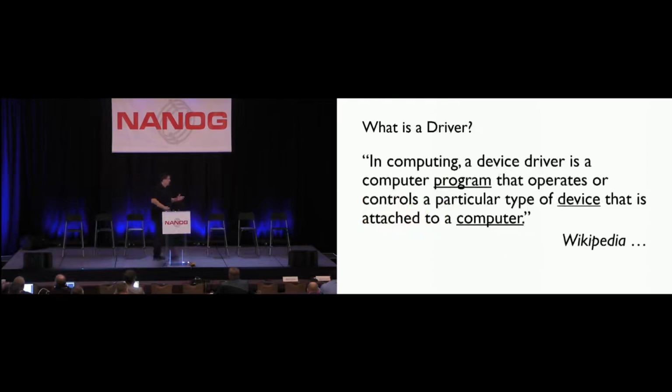So what is a driver? In theory, a driver is something defined in this Wikipedia article, but as it applies to container networking and Docker, a driver is something that enables you to interact with a virtual device. If a runtime is a process and you want to interact with other processes on the system, you have to have some kind of device that helps you do that.